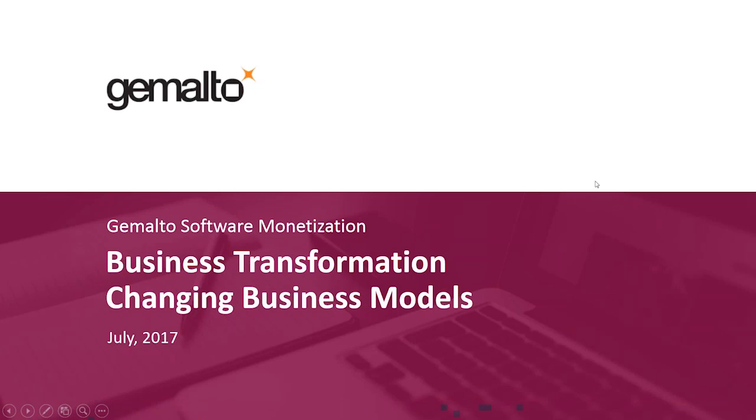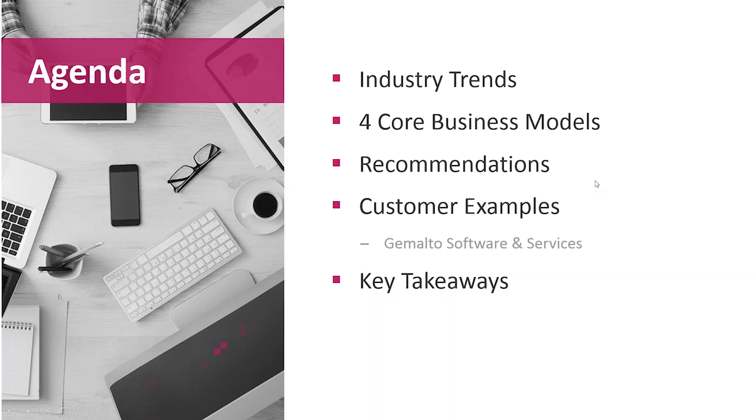So here's our agenda for today. We'll be looking at the industry trends, what is in line with the market, how things are shifting, what the common changes people typically make around the business models, as well as the core business models that we tend to see. We'll give you some recommendations based off of what we see and how we help our customers.